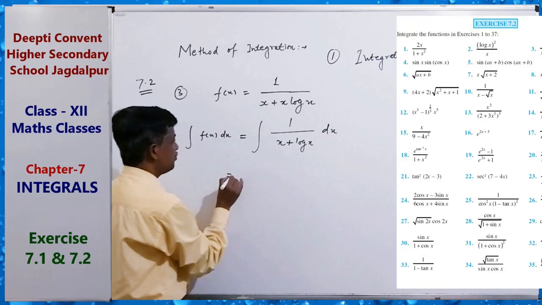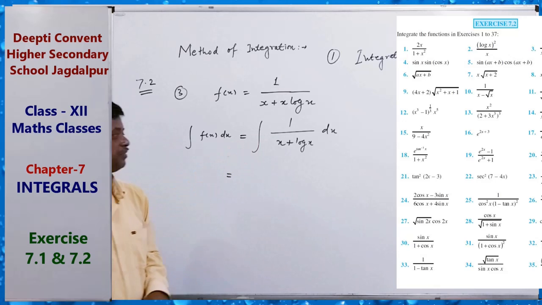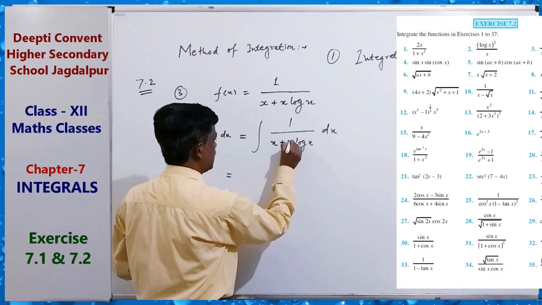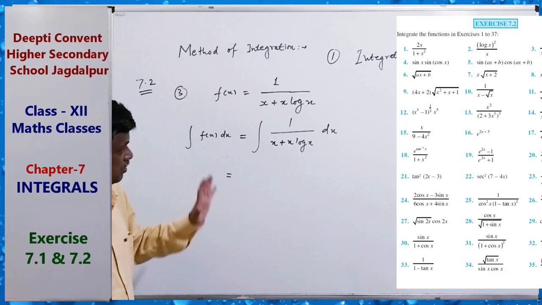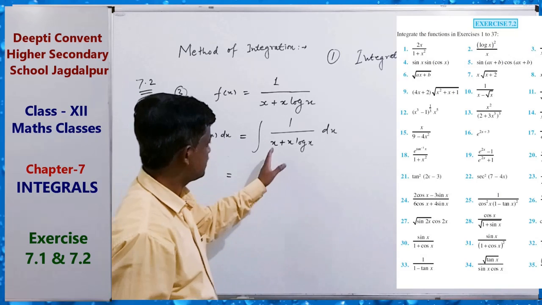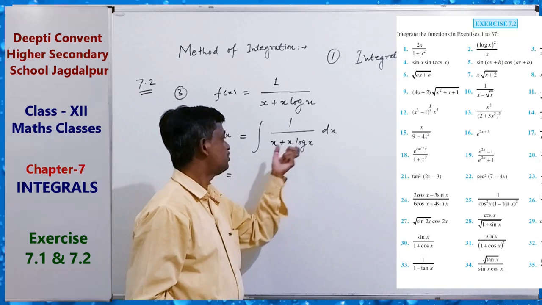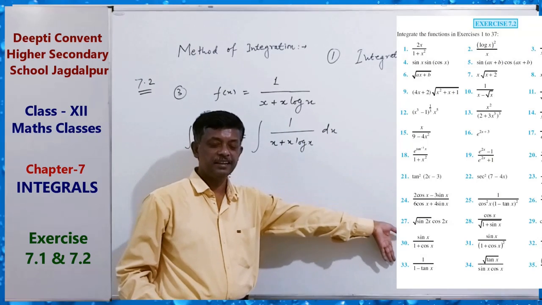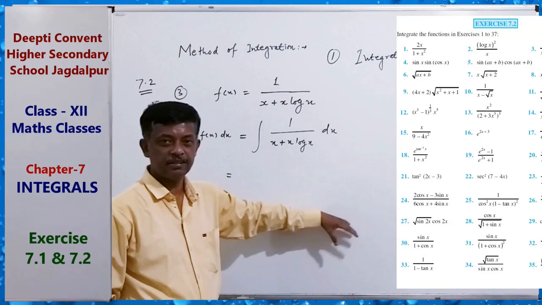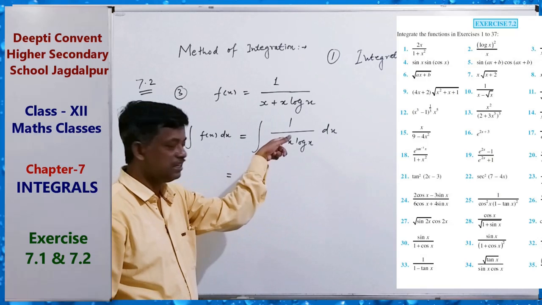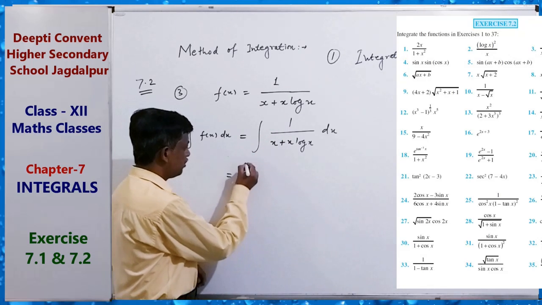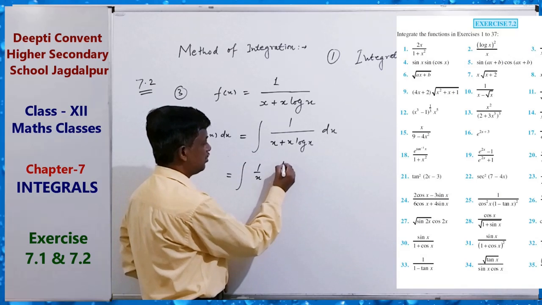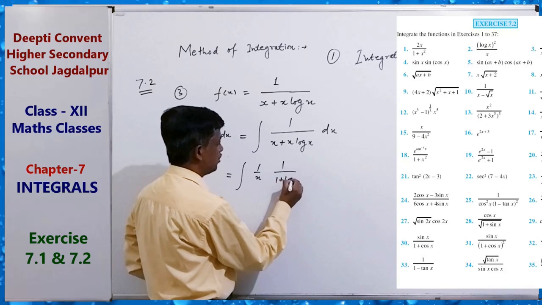So we are trying to find the integration of this, x plus x log x. So try to adjust this. What do we have to substitute for t, so that by differentiating we can get the quantity which is present here? So we see that taking x common, 1 by x, then 1 upon 1 plus log x.